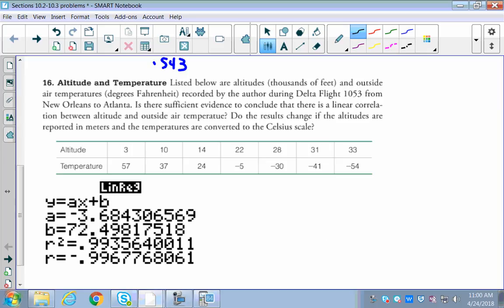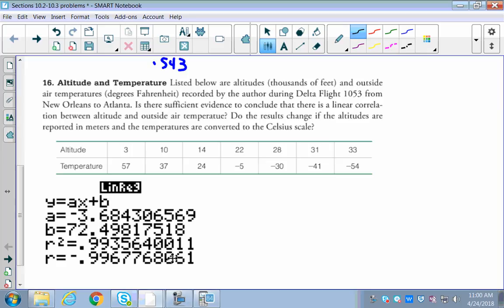My R value is negative 0.9968 or 0.997. I know that I don't even need to look at this blue chart because it's so close to -1, but we will just for the practice of it.